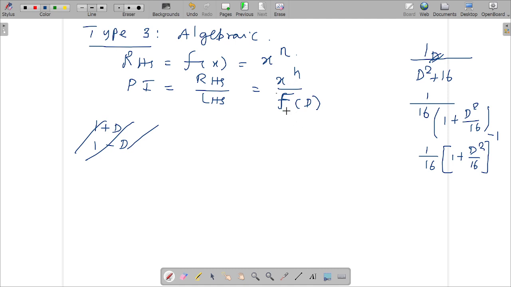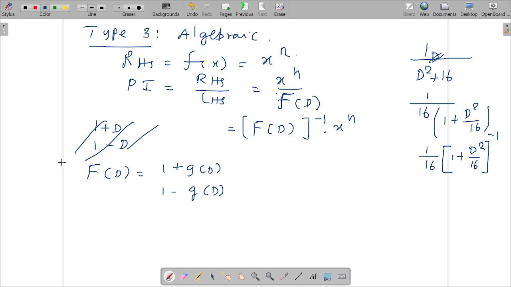So this is the thing we are going to do in the step. X power n is there. This F of D can be written as F of D power minus 1 into x power n. This F of D is in the format of either 1 plus some g of D or 1 minus g of D. So F of D power minus 1 can be written as 1 plus g of D power minus 1 or 1 minus g of D power minus 1.